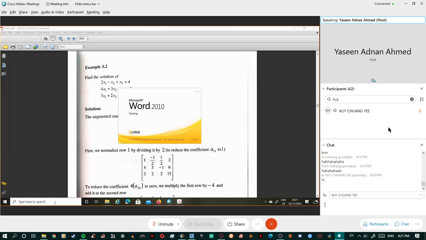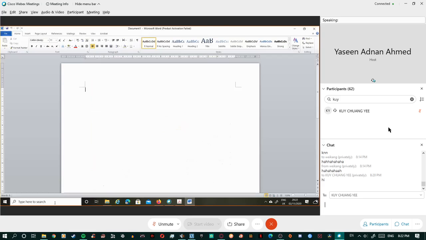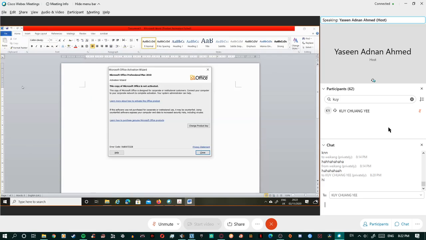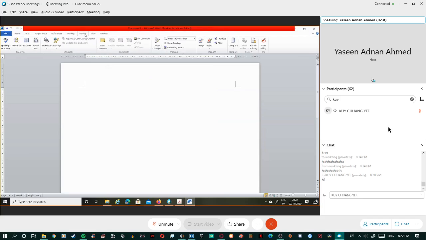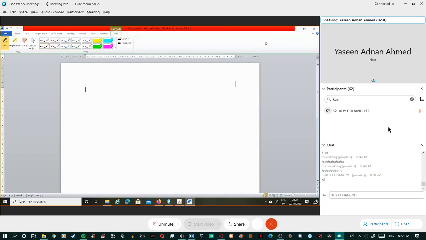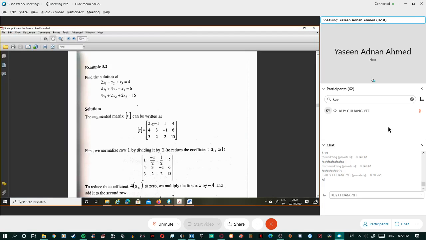Please try to solve this one with me. So first of all, as I said, this is a Gauss-Jordan elimination. So we write the augmented matrix. We call this A, and I try to just get the coefficients.